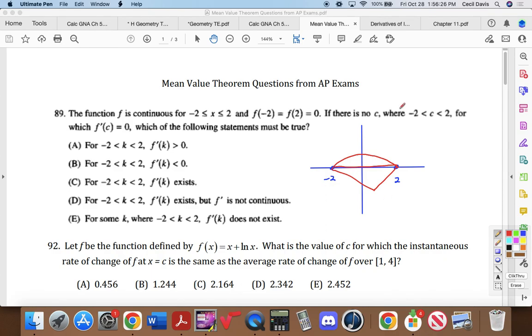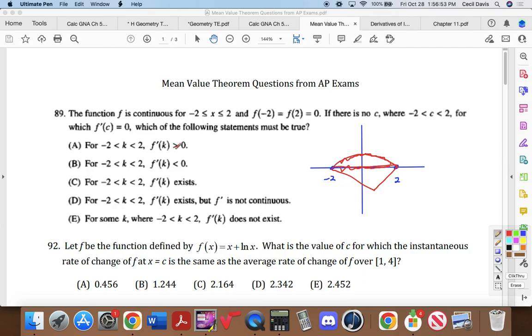Okay? It says there is no c between -2 and 2 for which the derivative is equal to 0. Well, that immediately means it's not this one, is it? Because the derivative there was 0 all the time, and it's not this one either. All right, so let's take a look at what we have left.